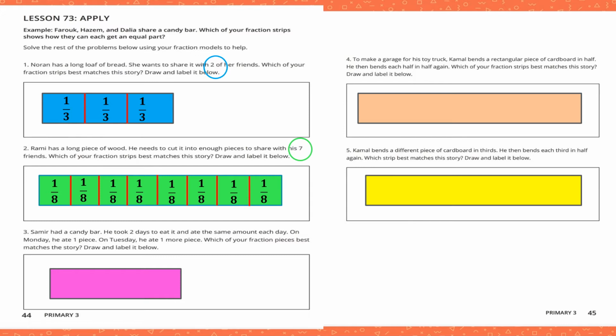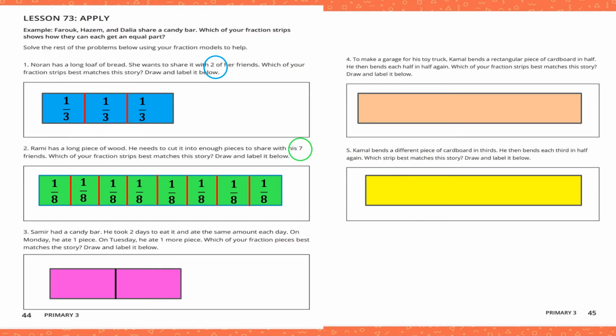Question number 3. Samir had a candy bar. He took 2 days to eat it and ate the same amount each day. So he cut it into 2 parts and each day he ate the same amount. Monday he ate 1 piece. On Tuesday he ate 1 more piece.